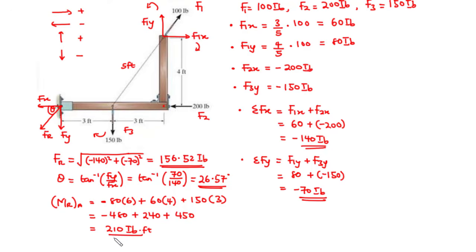So this is the moment or the resultant couple moment about point A. And since we had a positive value, it means that the resultant couple moment is taking the clockwise direction. If it is negative, then it means it is anti-clockwise. Now let's move on as we solve two more examples.